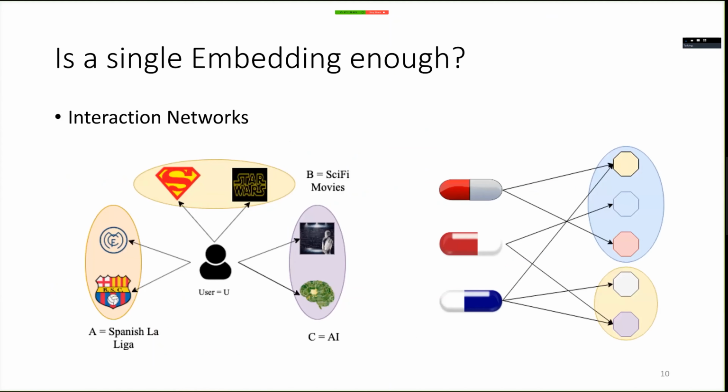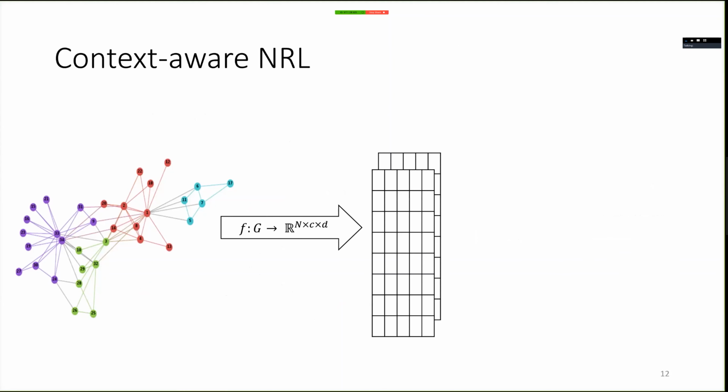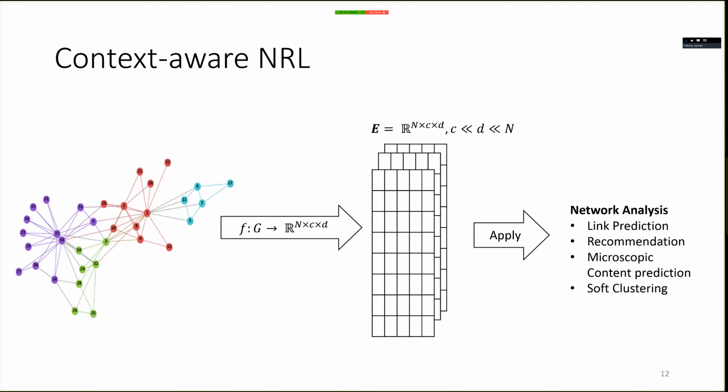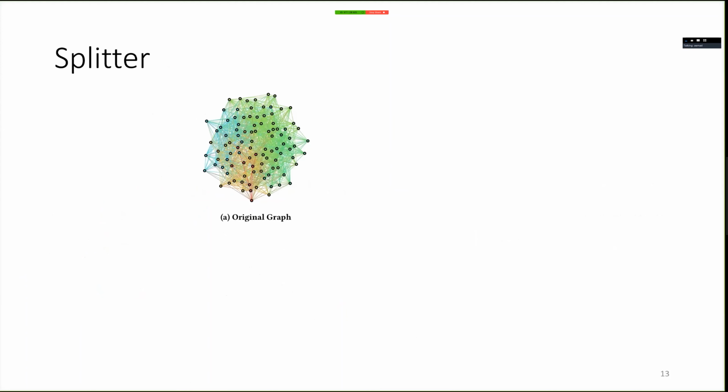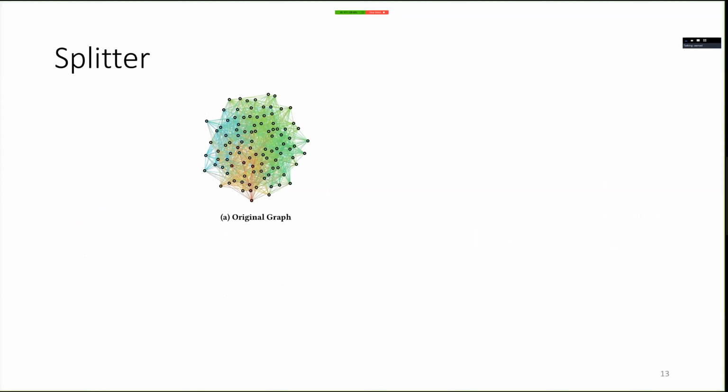Okay, back to where we stopped. I believe we're here. Now we're talking about Splitter, the first approach of context-aware graph representation learning. It's proposed by Google, and we have an original graph that has many nodes, and it can have many contexts, meaning overlapping clusters.